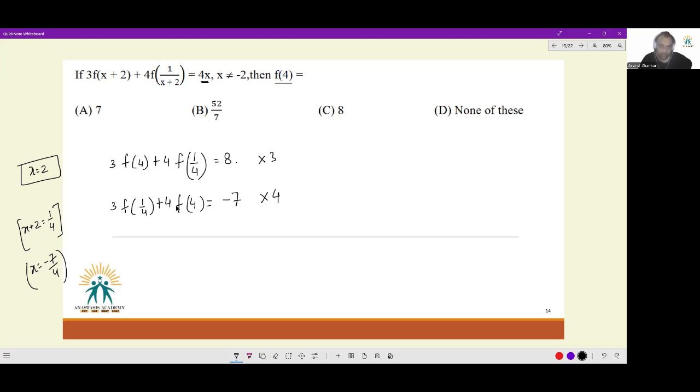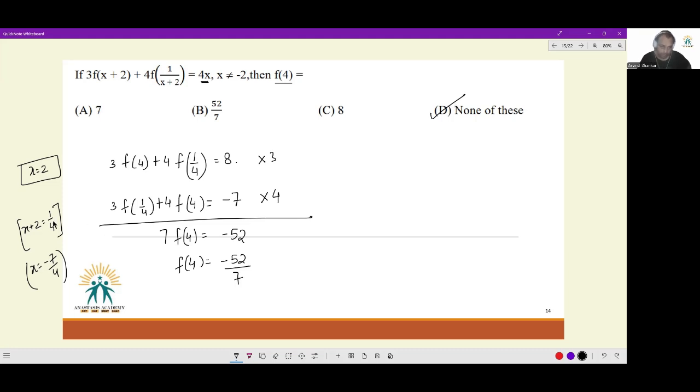So 16 minus 9 will give us 7. I will have 7 times of f4, and 28 minus 24 will give us minus 52, so f4 is going to be minus 52 by 7. Sadly, none of the options align. So the correct answer to this question has to be none of these.